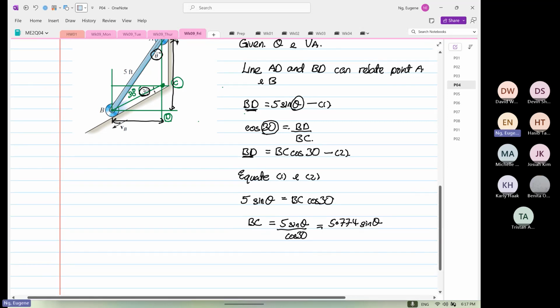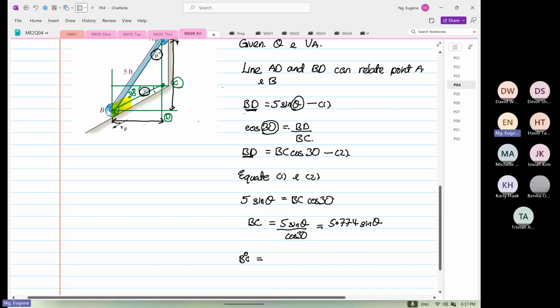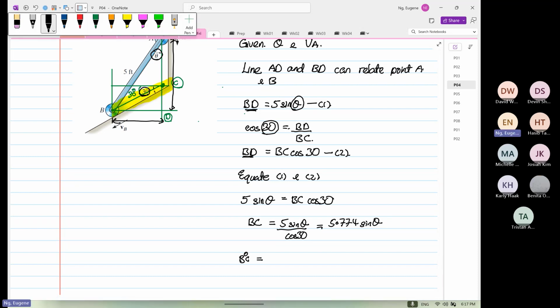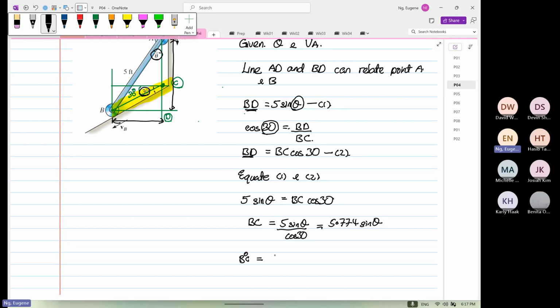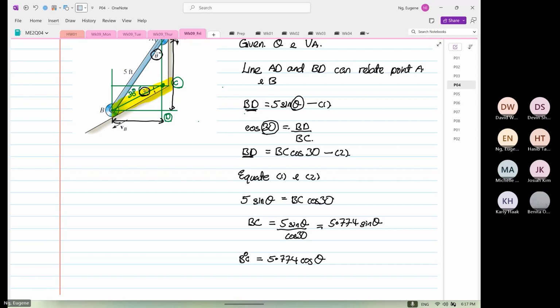So now if we differentiate this with time, BC theta, okay, so BC, I'm going to highlight this distance, is this distance over here. Okay. So this will be equal to 5.774 cos theta, and then we have d theta over dt.